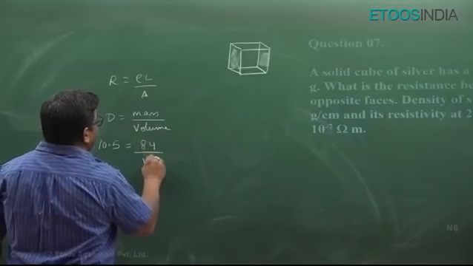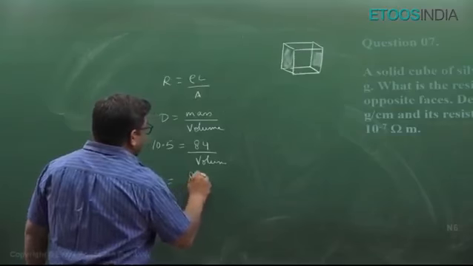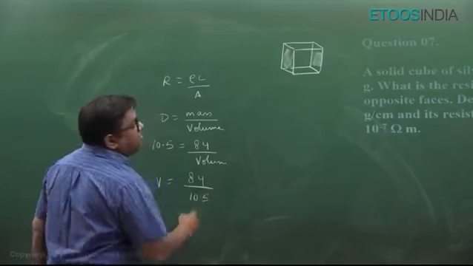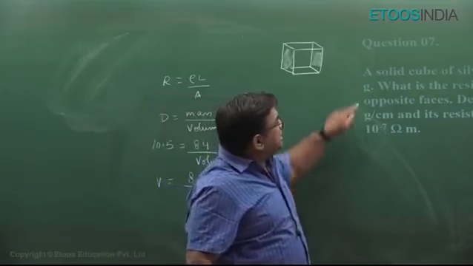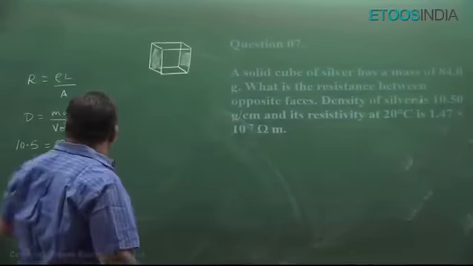So the volume will be equal to 84 upon 10.5. Students, we need to look at one thing. It is in grams and it is also in grams. So it's okay. We can solve it further.